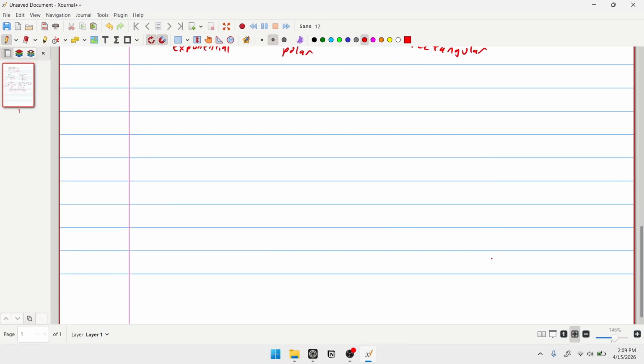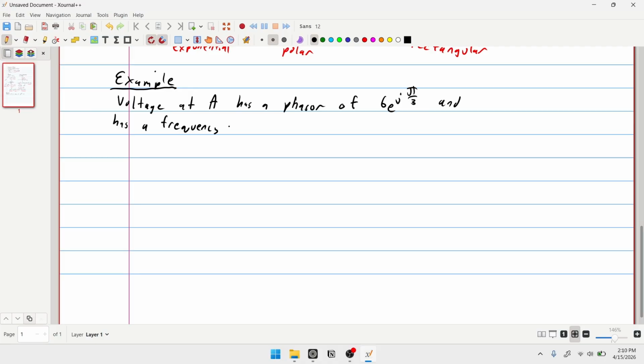Let's do an example. Let's say there's a voltage at node A, and the voltage at node A has a phasor of 6e to the power of j times pi over 3, and has a frequency of 100 radians per second.